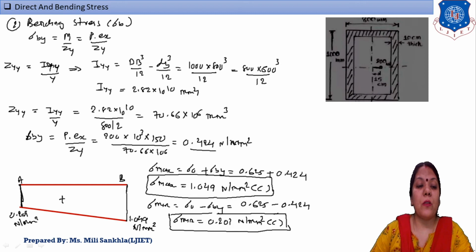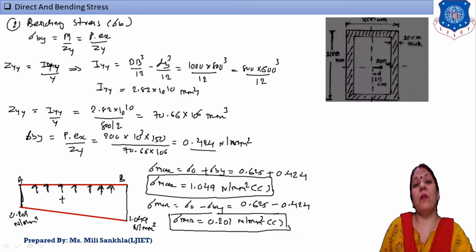This is plus. All compressive forces are indicated this way.